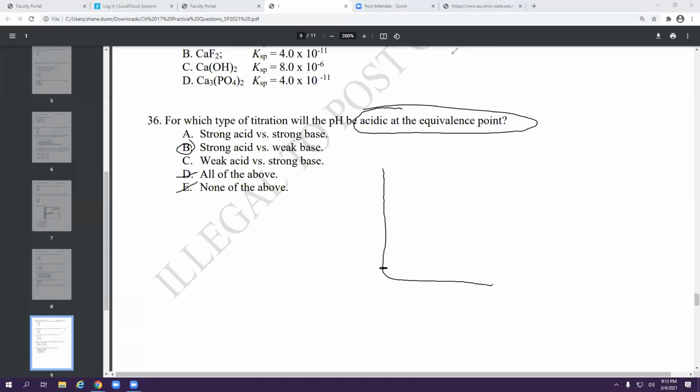So I start all the way off here, right? So I have a strong acid. If I add a weak base, it's not going to do very much to it, correct? Because the acid is stronger than the base. It's going to take tons of the base and a long time before it goes off, right? So the equivalence point is going to, technically, let me draw it better.